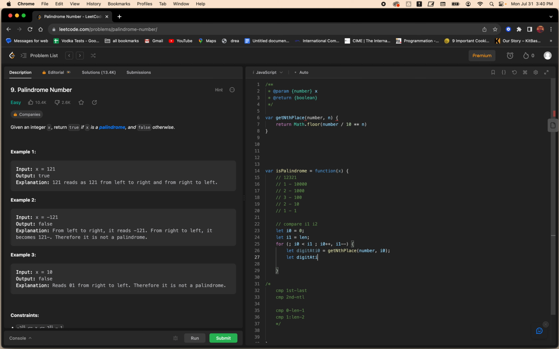Digit at I1, index 1. Whatever. Get nth place number, index 1.